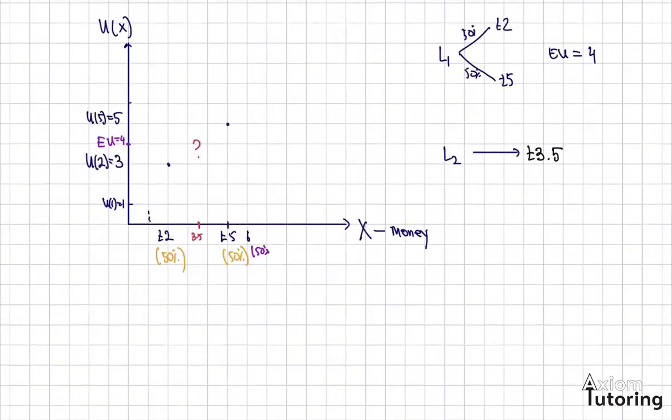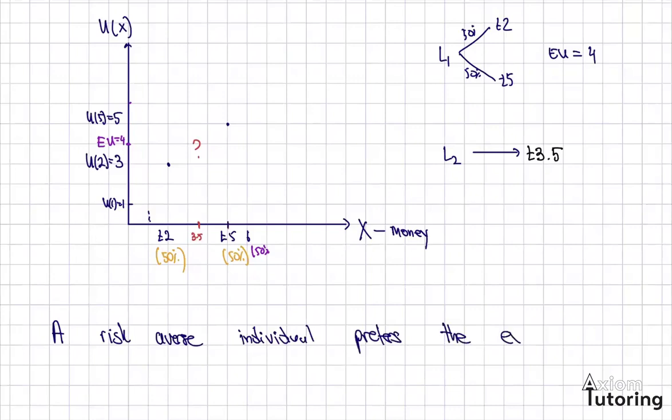So a risk-averse individual prefers the expected value of any lottery or any uncertain outcome, if you like, to the lottery itself.